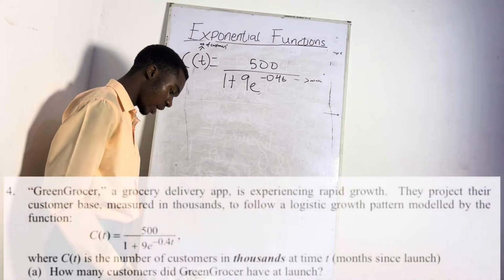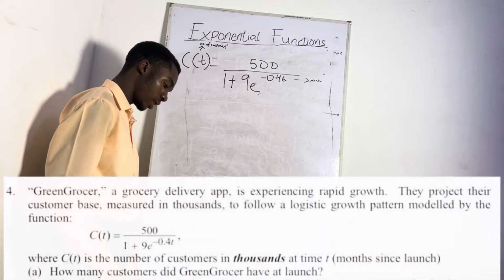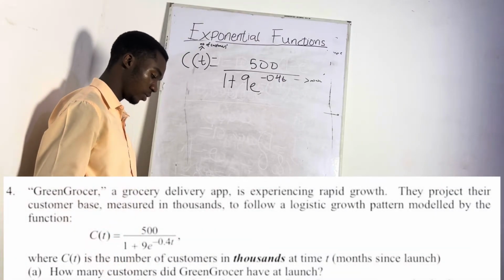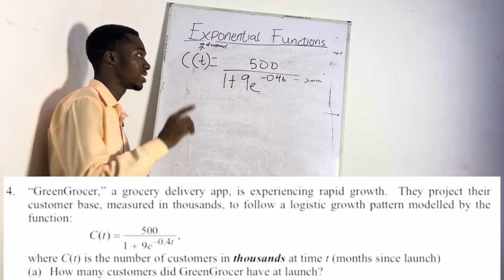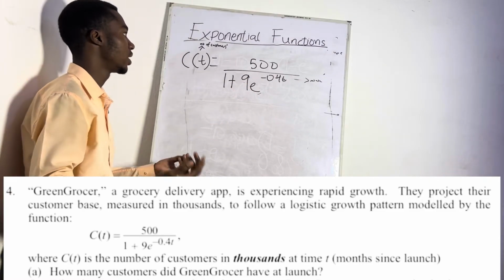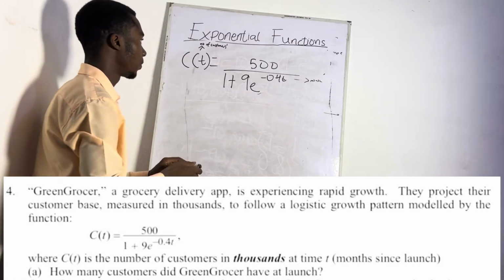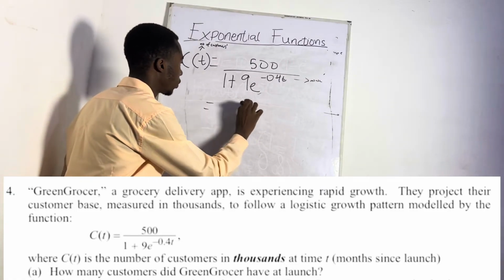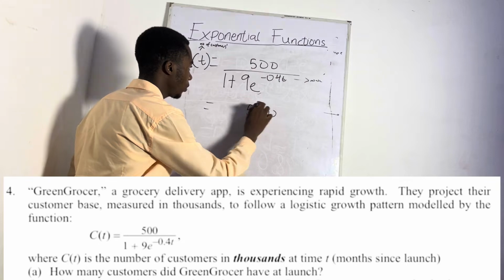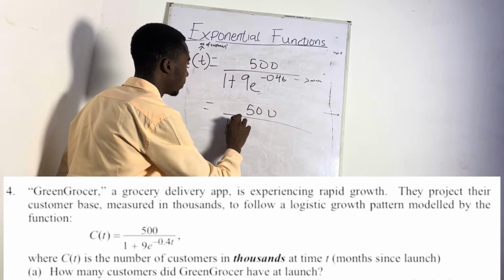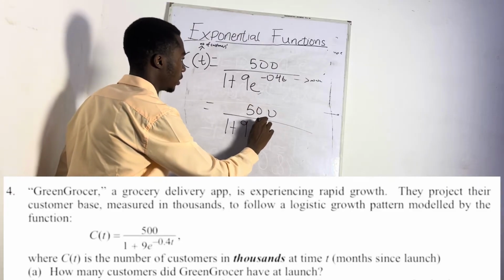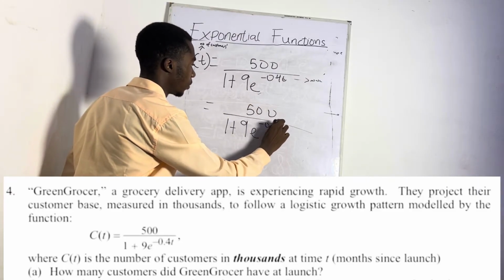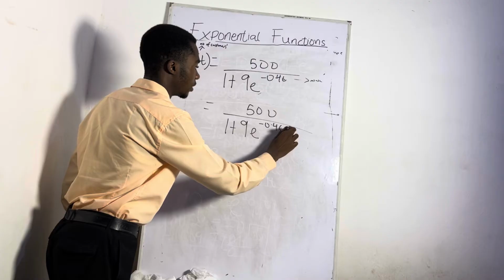So A says, how many customers did Green Grocer have at launch? And if you watch the previous video, I said that always at launch, t is equal to 0. So we just need to make t 0, that's all. So now we are getting C(0) equal to 500 over 1 plus 9e^(-0.4 times 0).